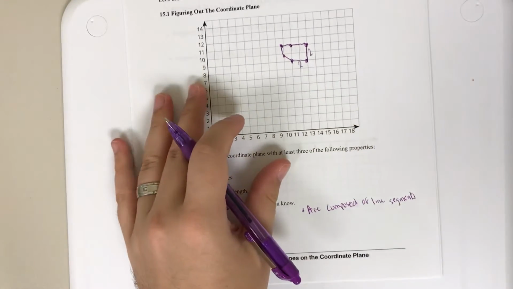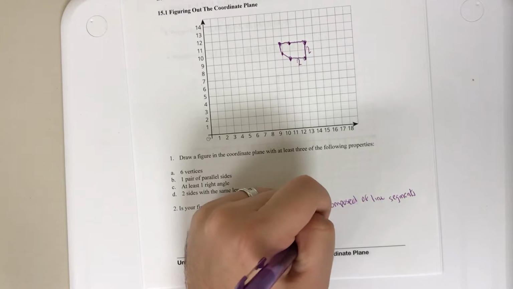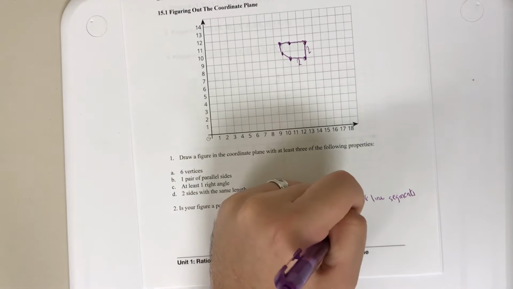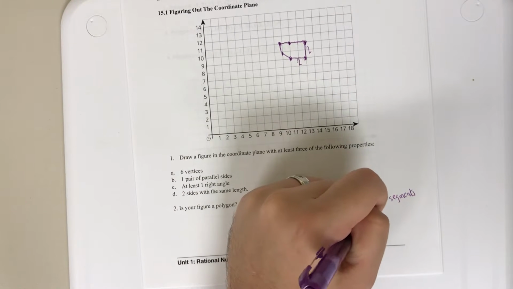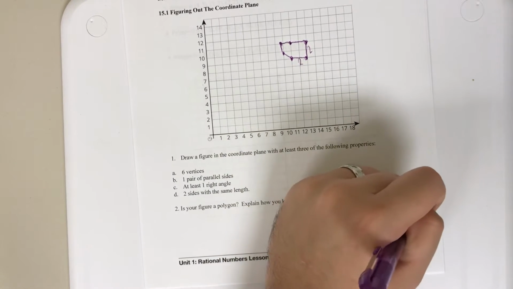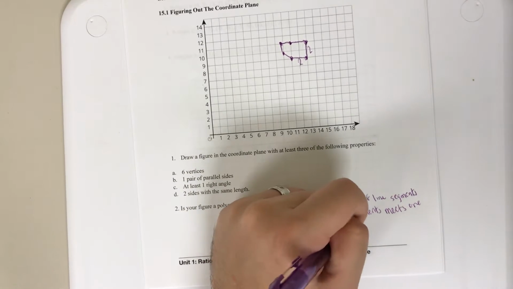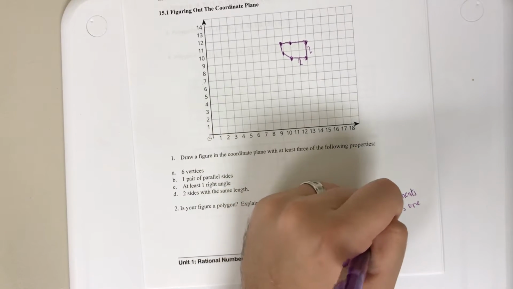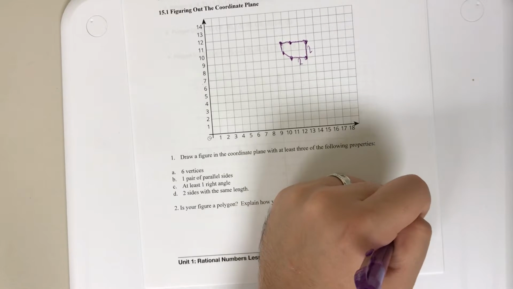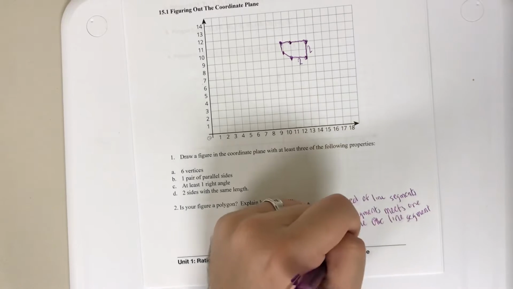We know that in a polygon, each line segment meets one and only one other line segment at each end.